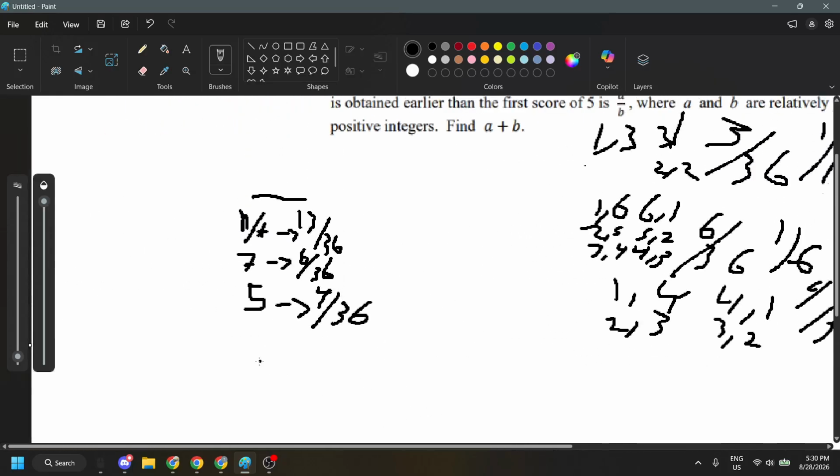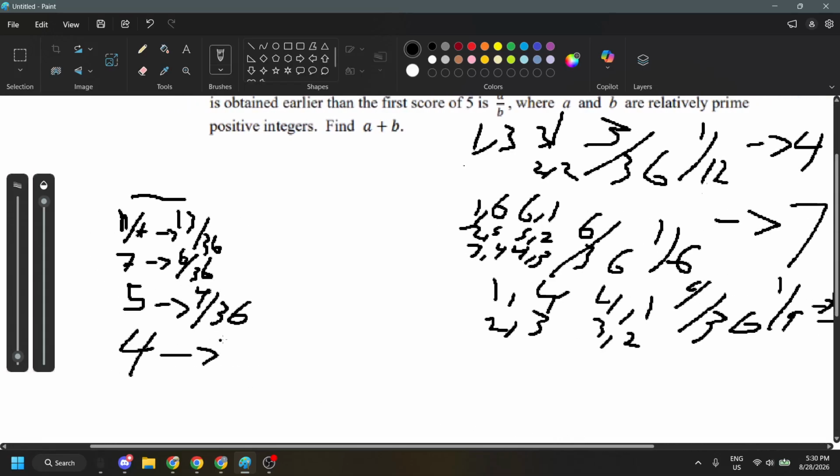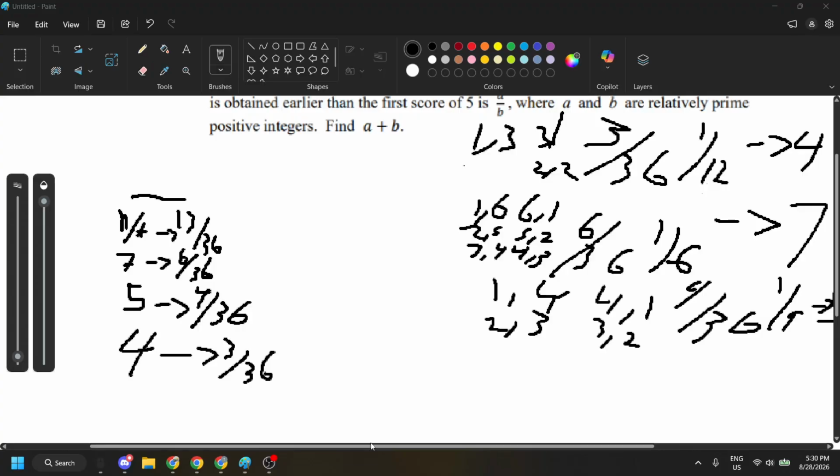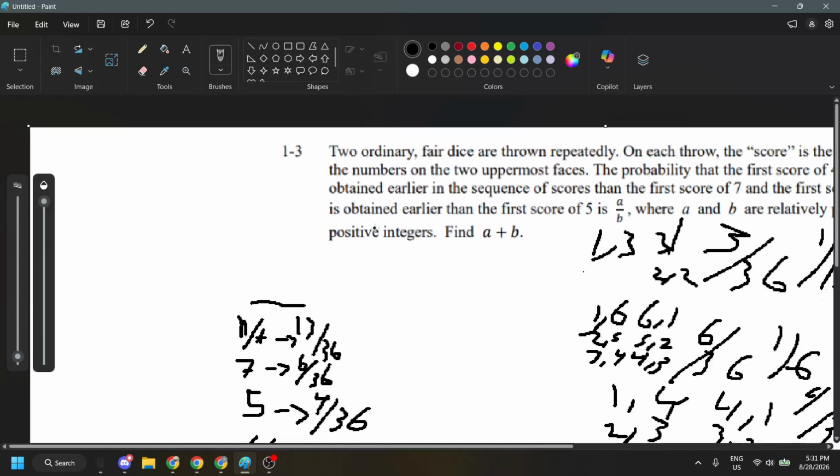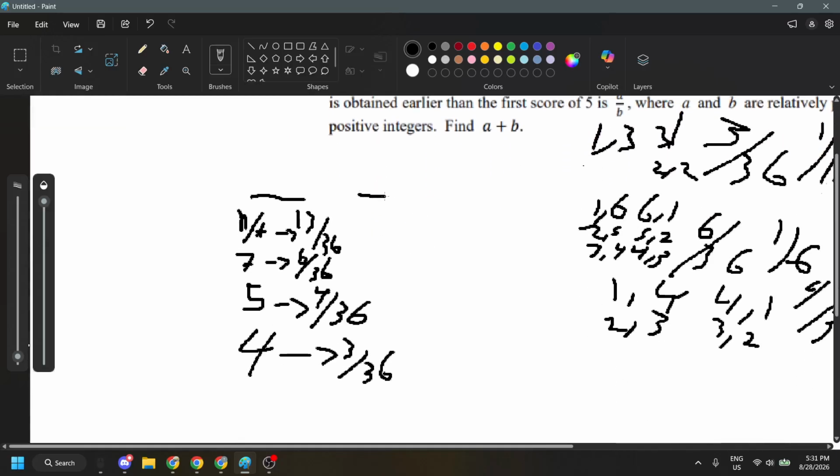The probability that we get a 4 is 3 out of 36. So if this is NA, then we do this times whatever follows. I don't know. Okay, so the next one, if it's this one, then we throw it out. If it's this one, then we throw it out.